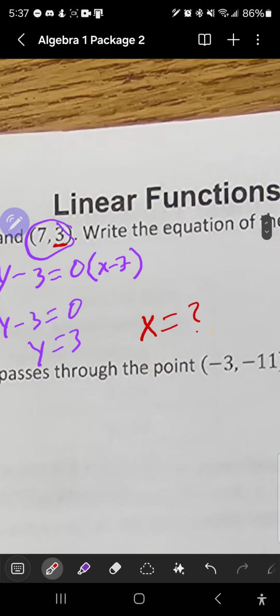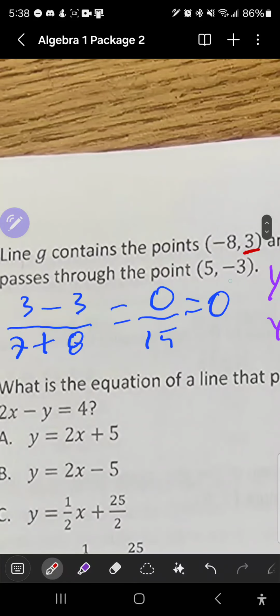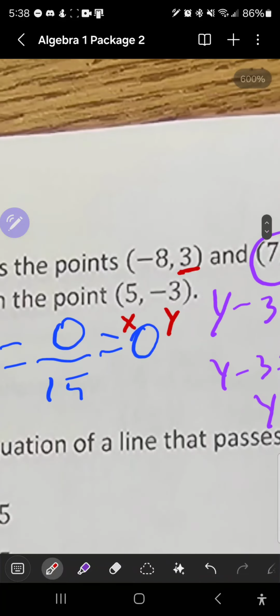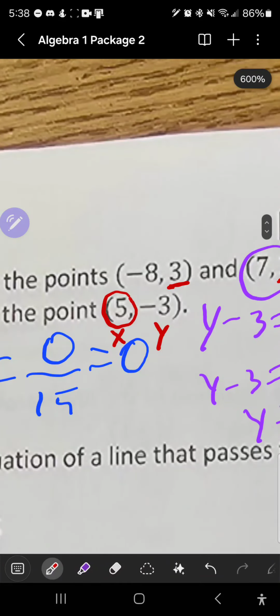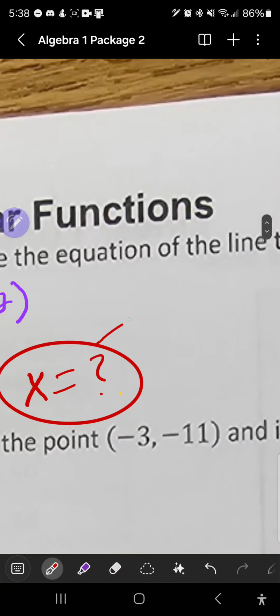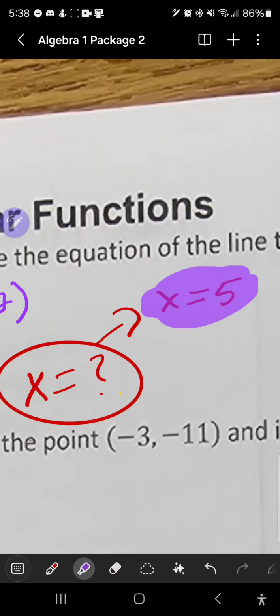That's the reason our answer needs to be x equals something. Here this is my y and this is my x, and since I know the value of x will never change, my equation is x equals 5. And that's it. This is my answer.